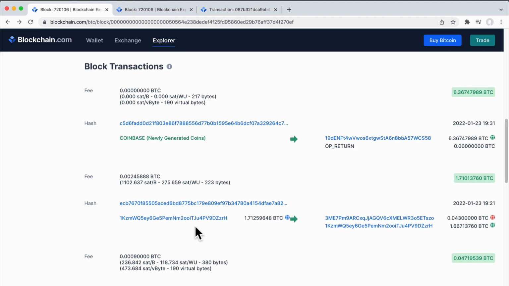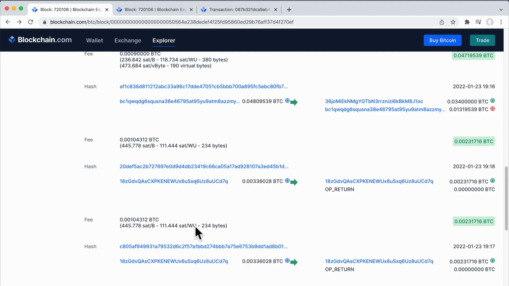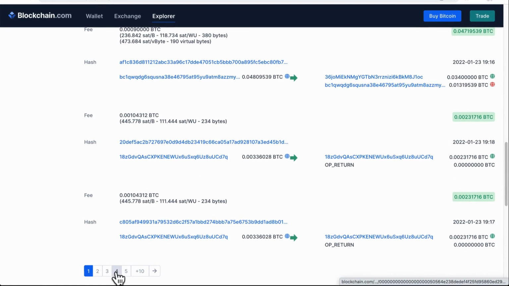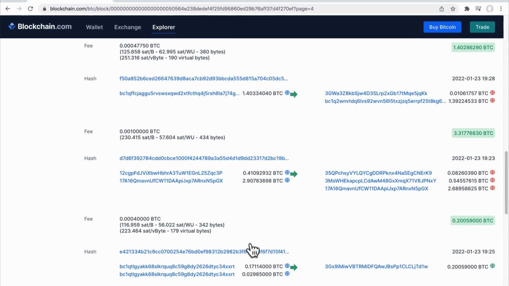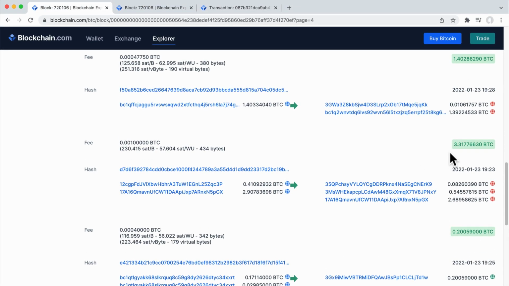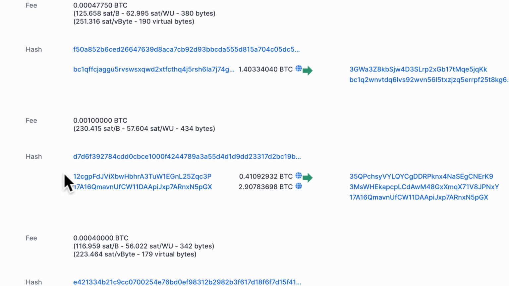I've gone ahead and found a transaction not on this first page, but on the 4th page of this block, where we've sent 3 Bitcoins pooled together from 2 different addresses and being split between these 3 recipients. What a transaction! This is happening all in one go. 5 addresses are involved in a single transaction.